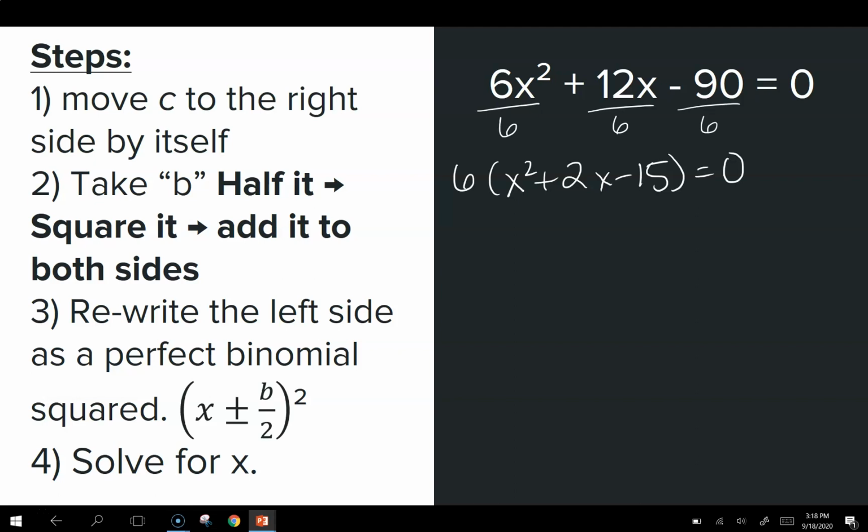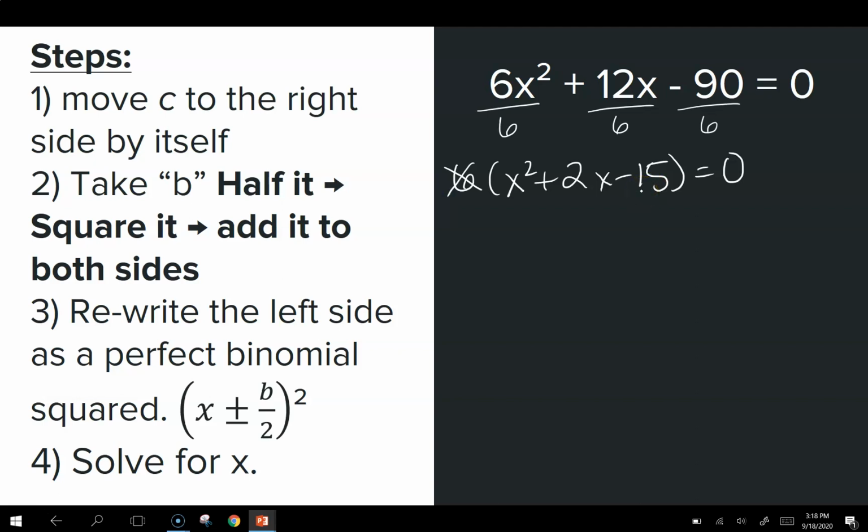It's just going to be part of my answer later, and we'll talk about what it's going to do for my solutions. But when I complete the square, the 6 is not needed because the 6 didn't have an x. So honestly, the 6 isn't even going to give me a solution, right? I have to solve each piece with an x equal to 0. 6 does not have an x. So I can actually just ignore it from now on. Took it away, don't need it anymore.